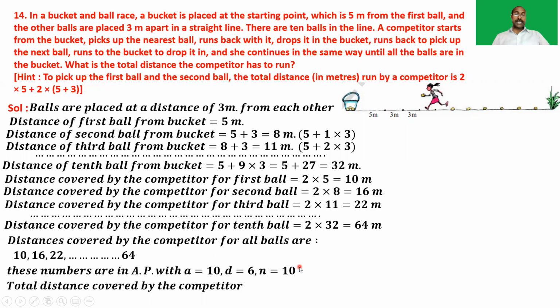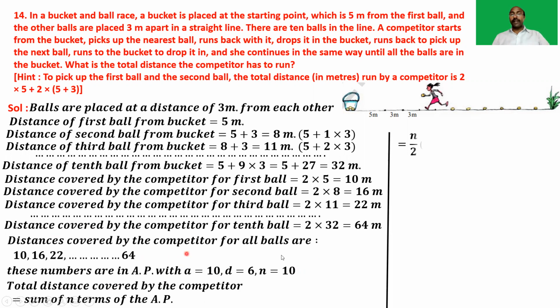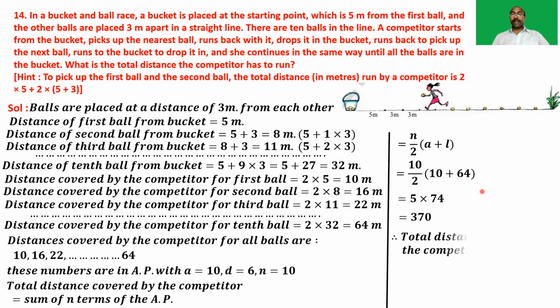The total distance covered by the competitor is the sum of n terms of this AP, where l is the last term, that is 64. So n by 2 into (a plus l), we have 10 by 2 into (10 plus 64), which is 5 into 74, equal to 370. So the total distance covered by the competitor is 370 meters.